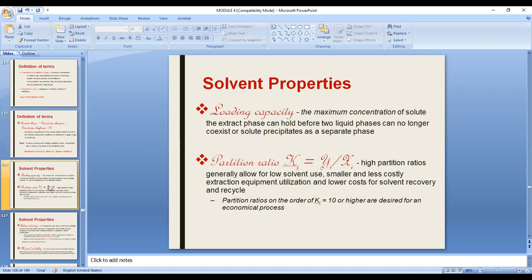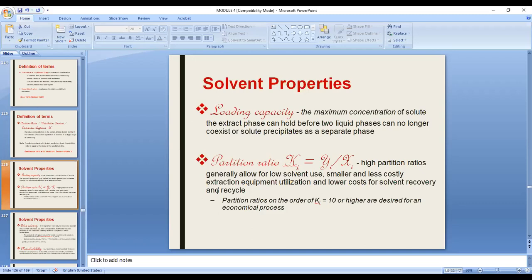Now, we have the loading capacity. The importance of knowing these terms is if the problem is asking for the unknowns in this form, not asking you for our representation in extraction. So that is why I'm discussing this. So when we speak of the loading capacity, that's the maximum concentration of the solute the extract phase can hold before the two liquid phases can no longer coexist.